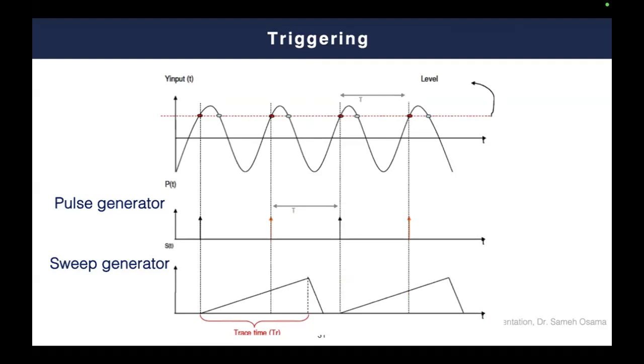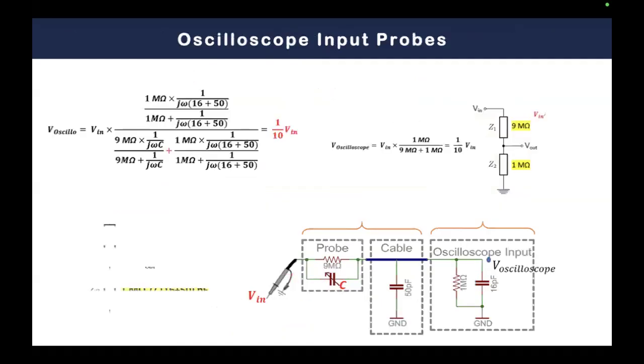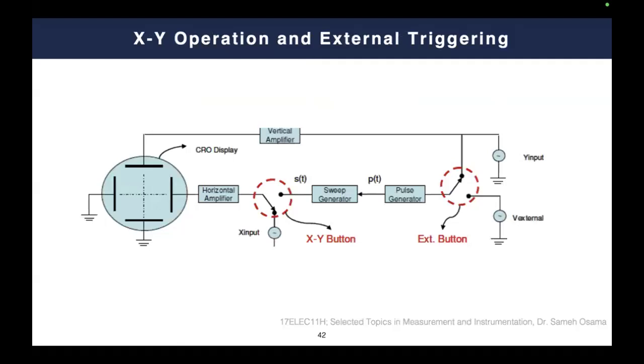What if I would like to insert two signals so that I am representing a relation between two signals, not a time-dependent representation? This is what we call an XY mode. So in the XY mode, we have an input signal, a time-dependent input signal in the vertical axis, as usual.